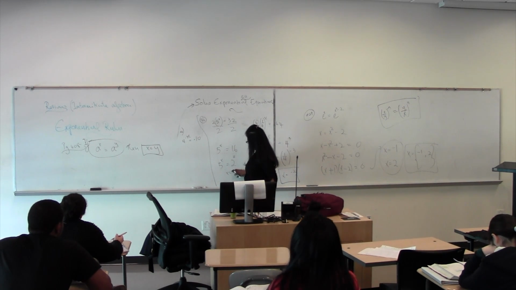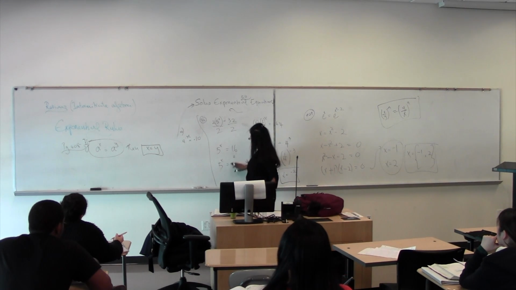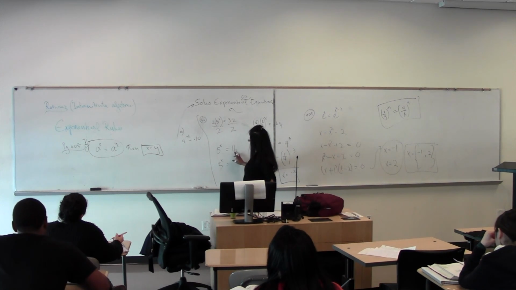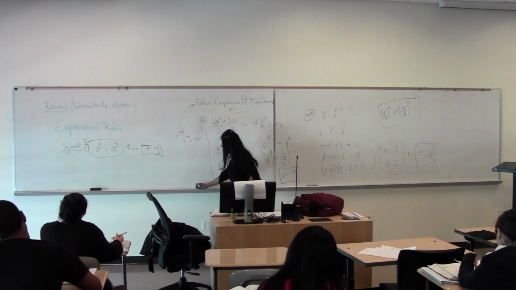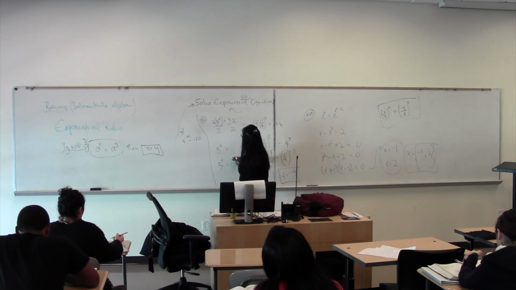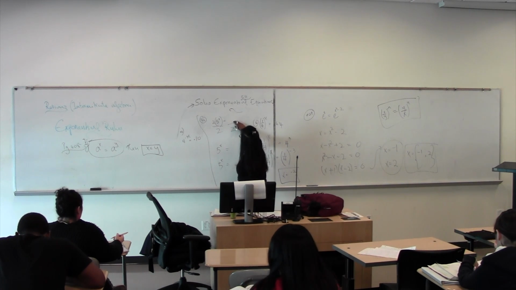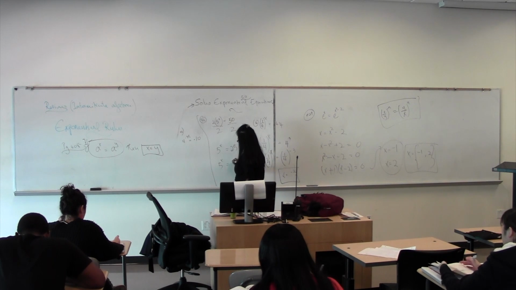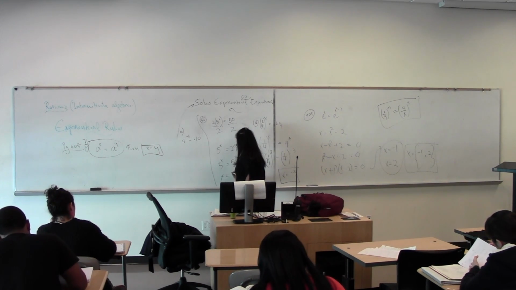Let me explain. I wrote 2 here, sorry. We have 5, let me write this as 50. I'm going to change this to 50, sorry about that. So this is going to be 25, so 5 squared, so x is equal to 2 here.